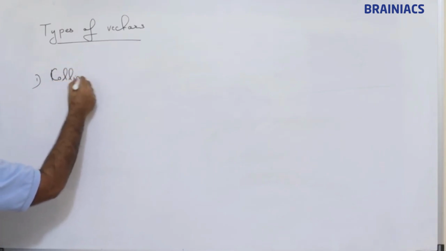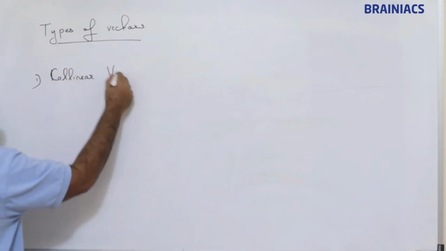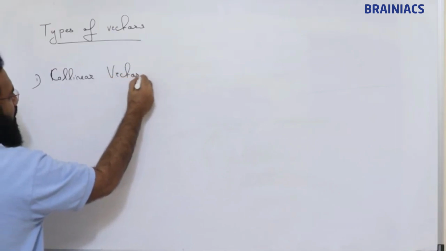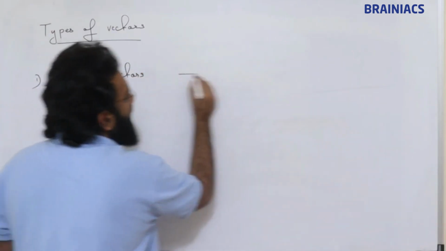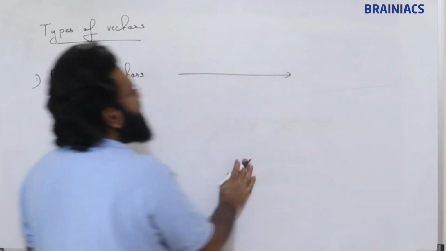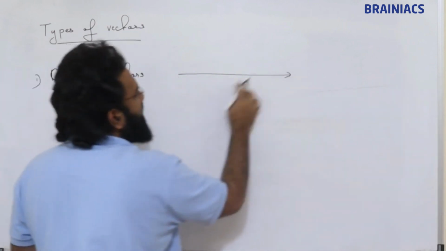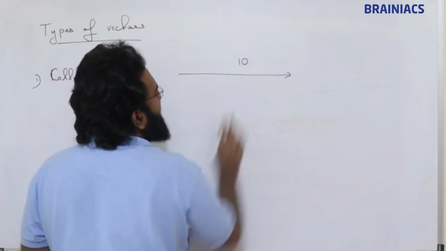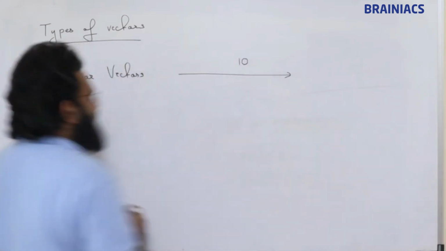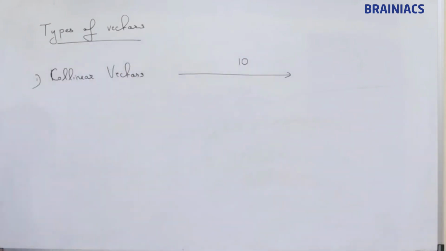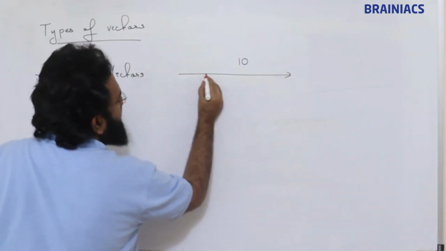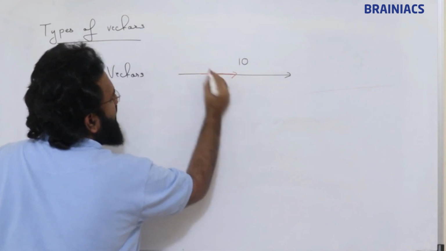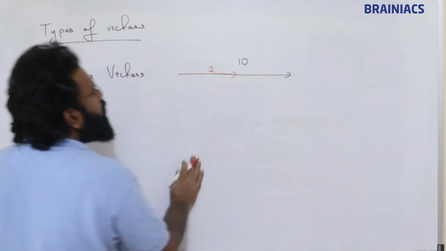First one, we will see collinear vectors. Collinear vectors are, if I draw a vector like this, suppose its magnitude is 10, I can draw another vector in the same line, but its magnitude is 2.